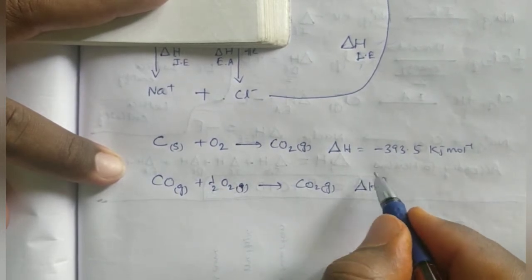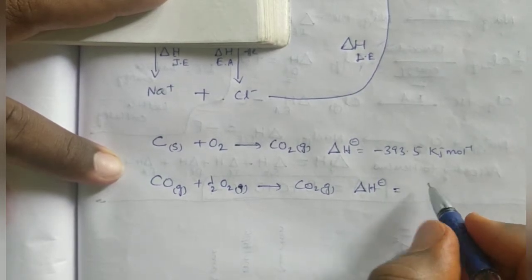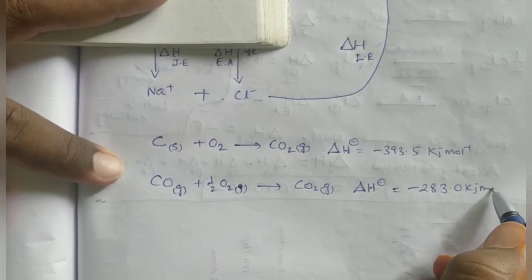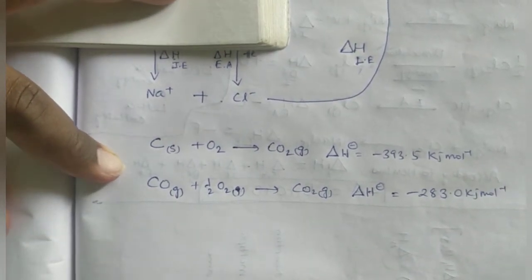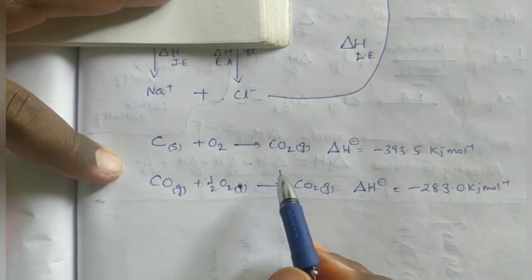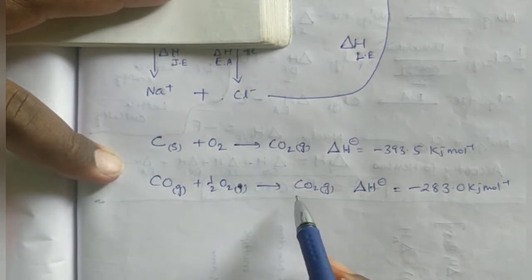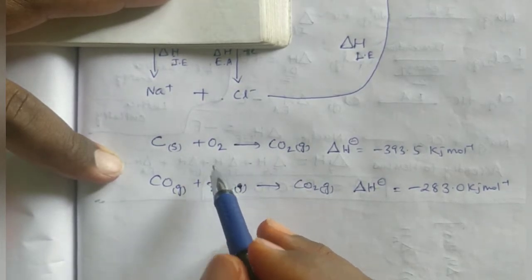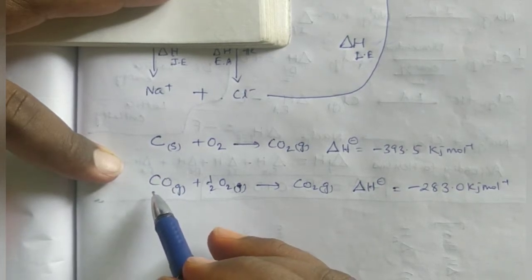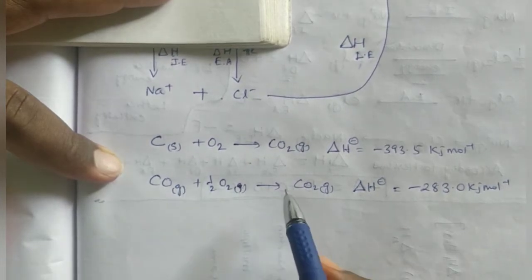Delta H naught is equal to minus 283.0 kilojoules per mole. See, when we subtract the equations, CO2 will be cancelled. O2 also, but C minus CO, like that you will get. Then CO will be coming to the right side.